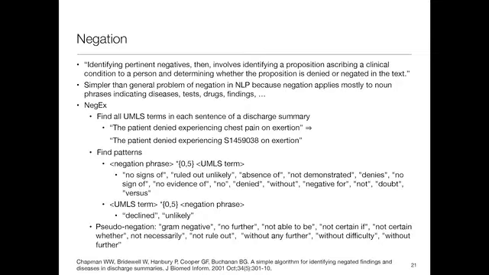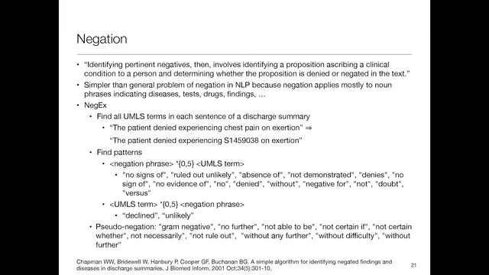You find all the UMLS terms in each sentence of a discharge summary. So I'll talk a little bit about that, but basically it's a dictionary lookup. You look up in this very large database of medical terms and translate them into some kind of expression that represents what that term means.